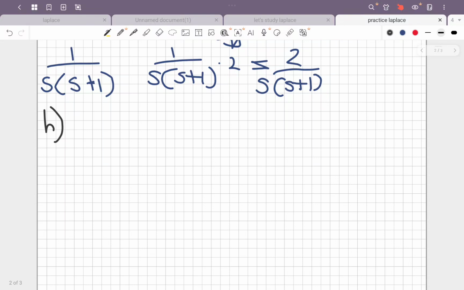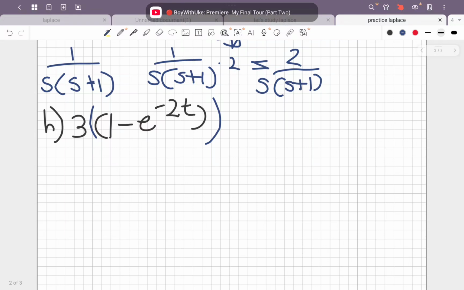Question H goes like this. For question H, we will also use rule number 10. Now our A is 2. Let's just put it here.